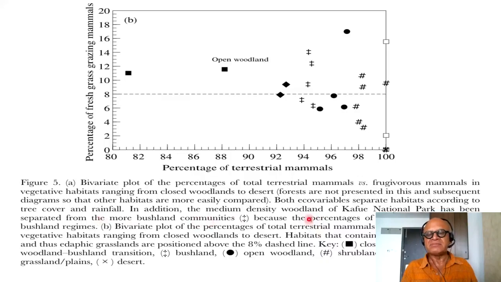In addition, the medium density of woodland of Kafue National Park has been separated from the more bushland communities because the percentage of frugivory is higher in bushland regimes. Bivariate plot of percentage of total terrestrial mammals versus fresh grass grazers in vegetative habitats ranging from closed woodlands to desert. Habitats that contain large amounts of water and thus edaphic grasslands are positioned above the 8% dashed line shown here, and these are the keys.